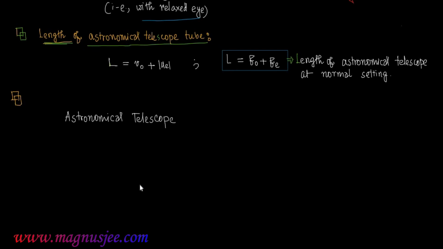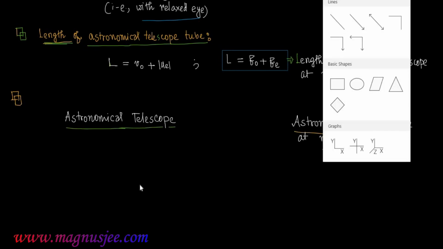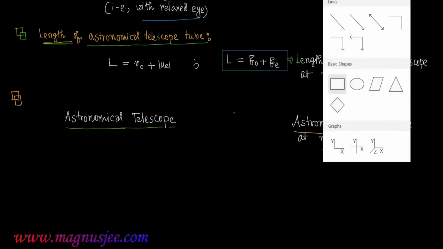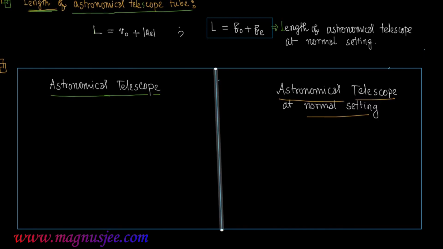Another conclusion: we can compare the astronomical telescope on the left hand side and the astronomical telescope at normal setting on the right hand side.